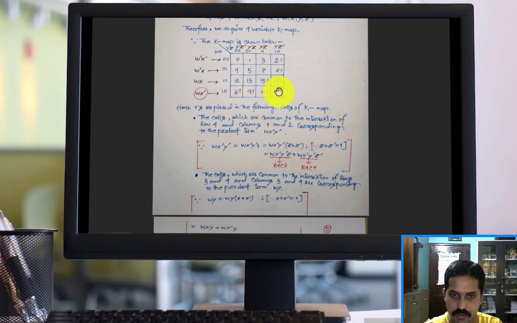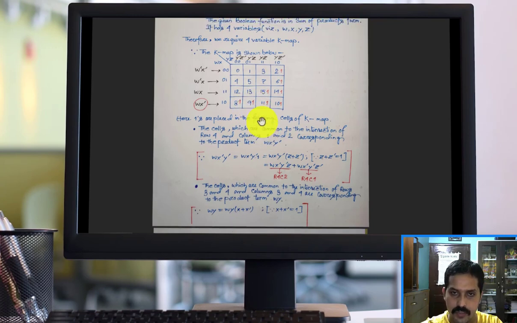So this is our row 4 and column 2, and I put 1 in the intersection of row 4 and column 2. And w x' is row 4, and y' z' means column 1. The intersection is here, 1. Okay, so two 1s have been put here.